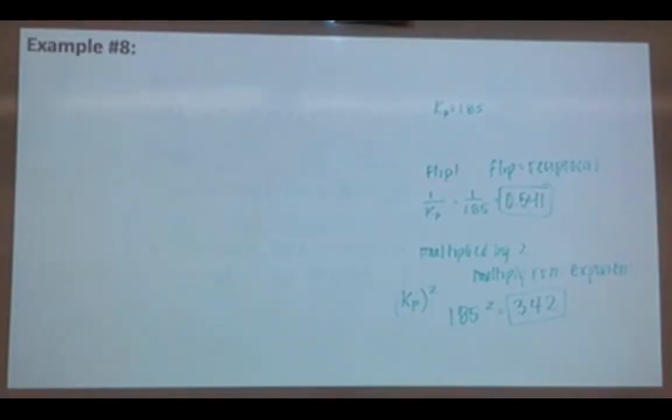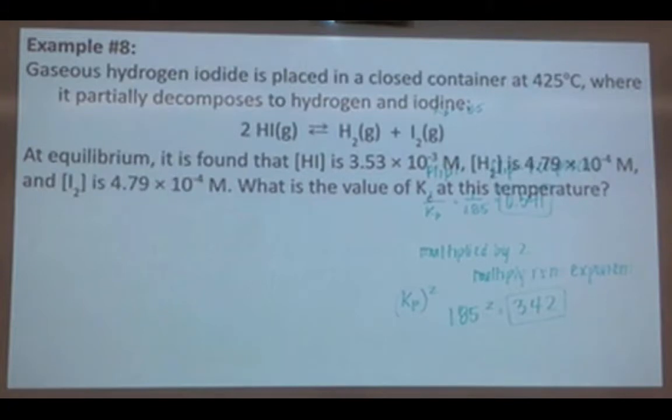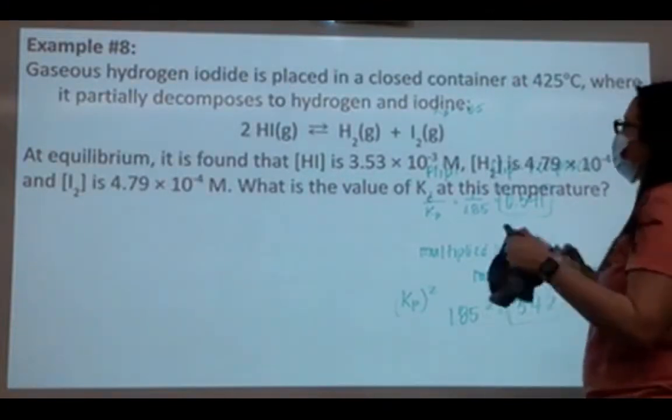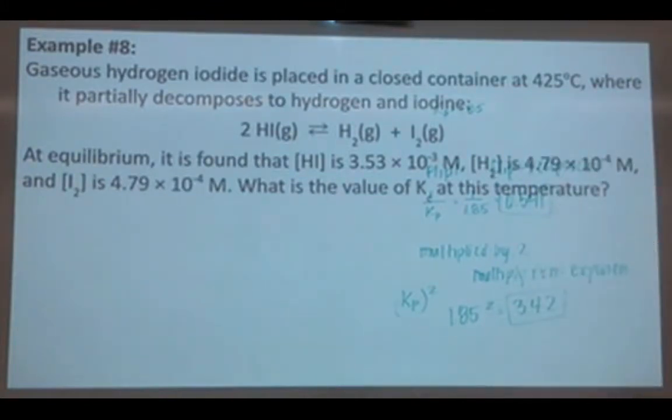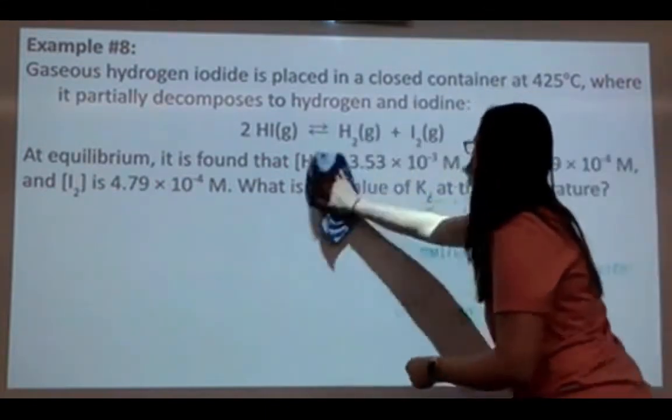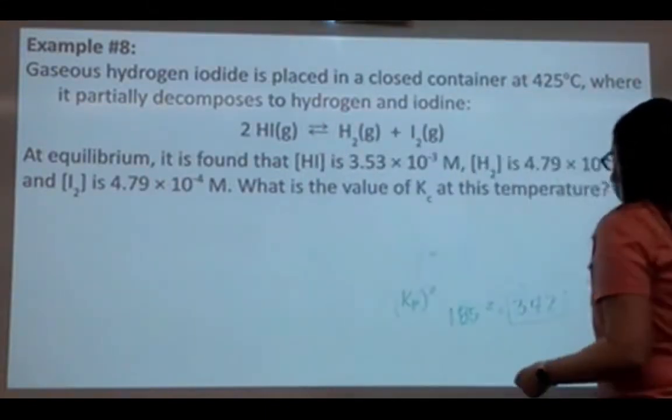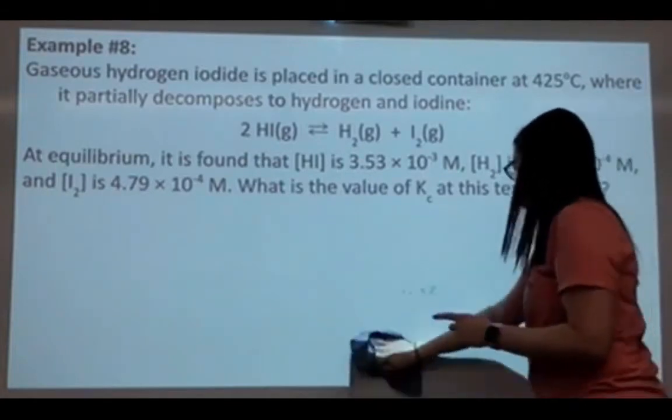All right, so example 8. This is at the bottom of the page. So gaseous hydrogen iodide is placed in a closed container where it partially decomposes. They give us the equation. So they already give us the balanced equation. At equilibrium, that's very important.